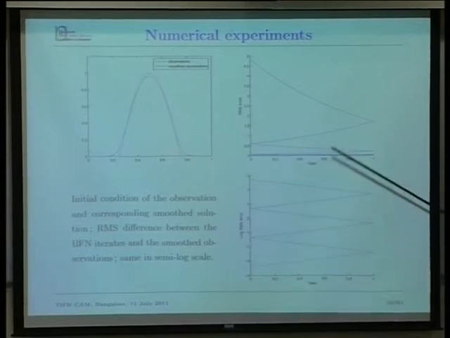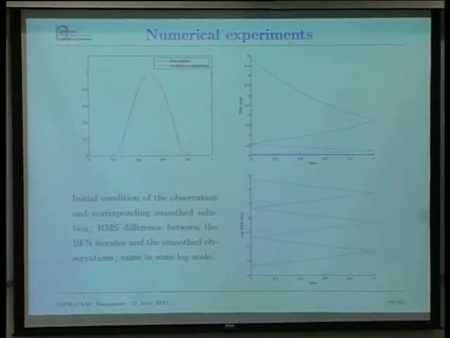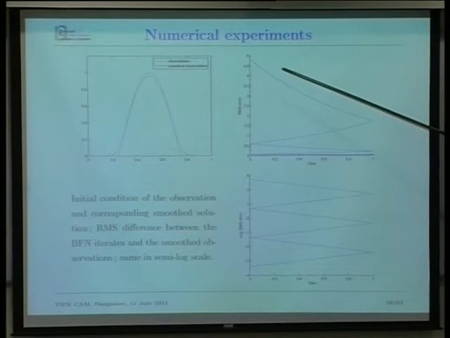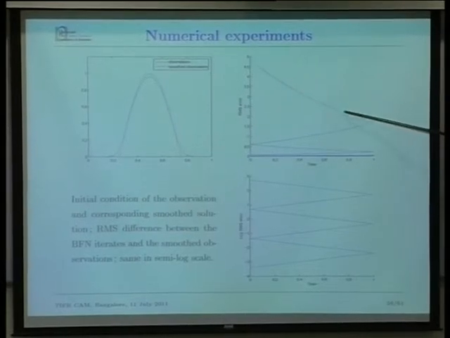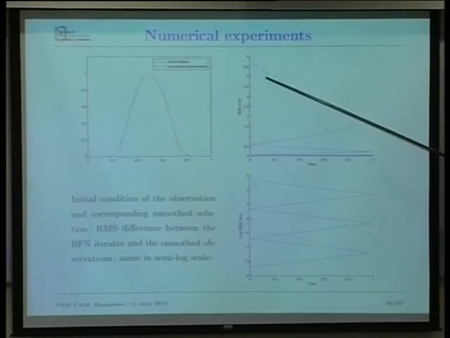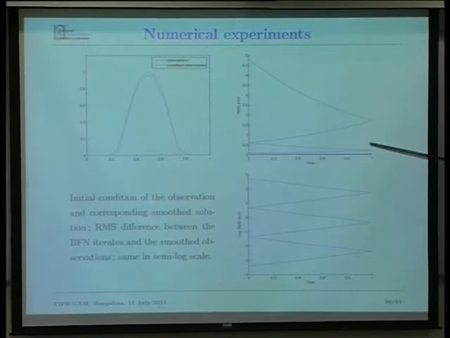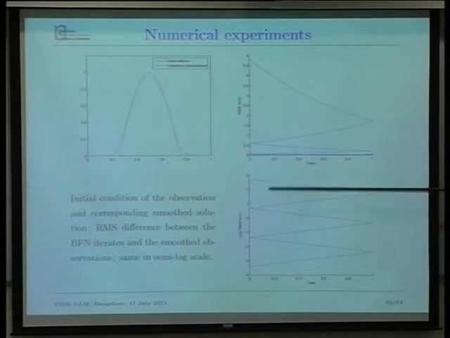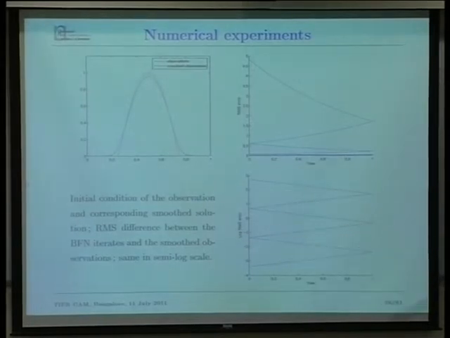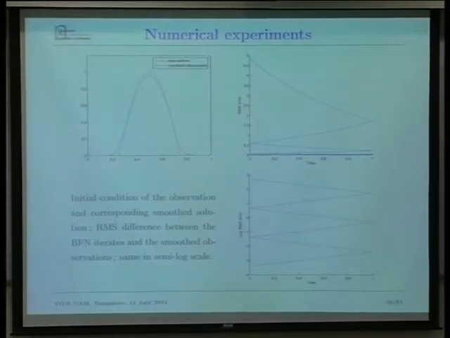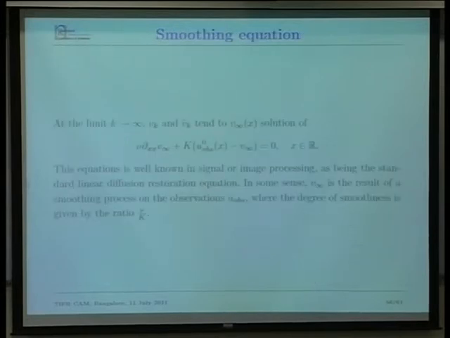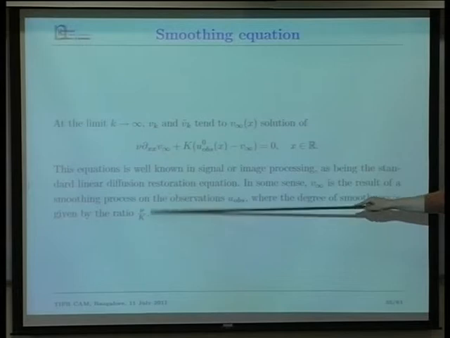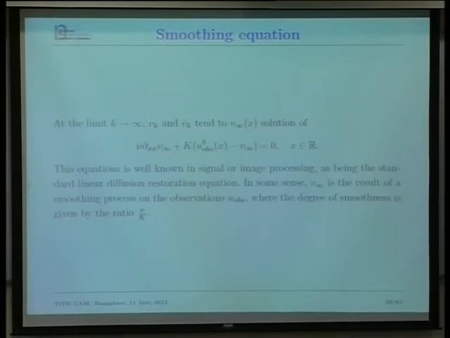And so if you run your transport equation, this positive sine function will move to the right and then reappear on the left. So if we apply the diffusive back and forth nudging, we can plot the decrease of the error during time along the iterations. And here it's the same in log scale. So we can see that we have a nearly constant decrease with a constant decay rate, which is exactly given by this ratio.